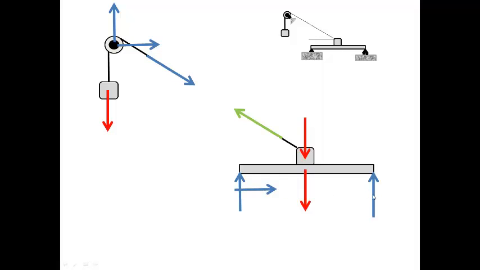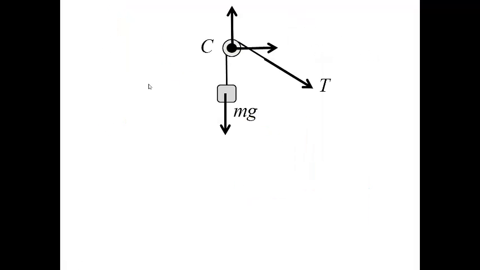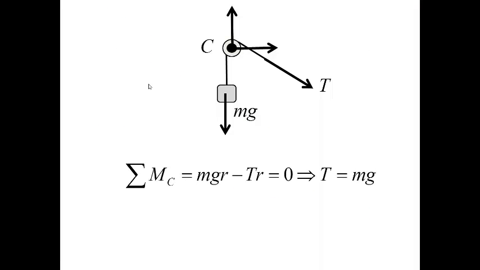Let me begin with the first free body diagram, and I will write here the key equation, which is sum of the moments about the center of the pulley is equal to mg times r, where little r is the radius of the pulley, minus t times r.